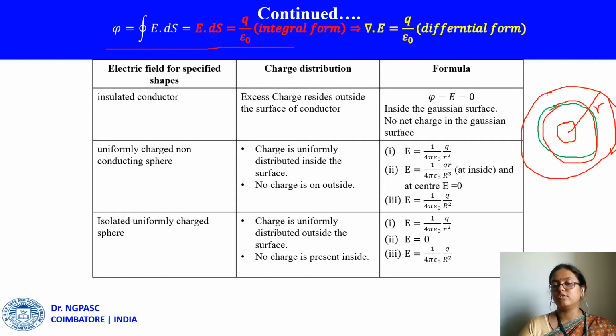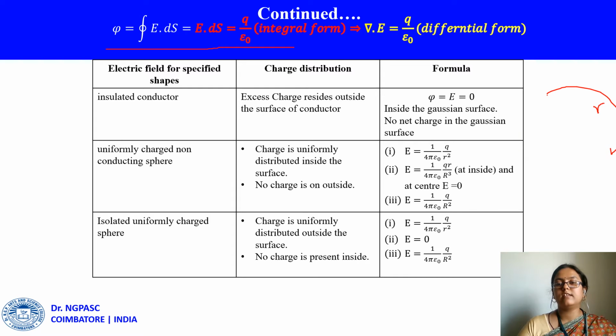So the electric field will be equal to 1 by 4 pi epsilon naught q by r square. When I am taking inside it, where the sphere radius is termed as capital R, it will be 1 by 4 pi epsilon naught q r by R cube. And at the center position, as r will be 0, the electric field will also be 0.